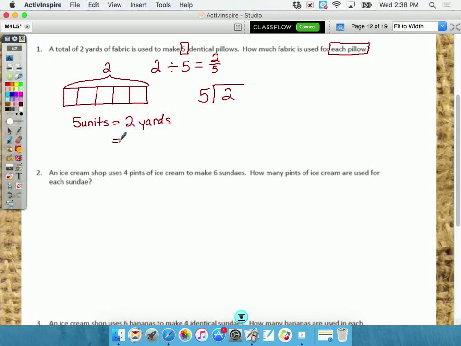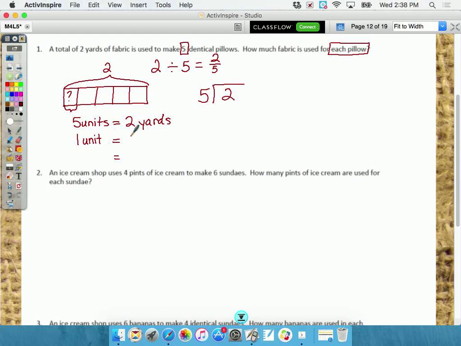By the way, how many equal signs do you think you need? 3. What am I trying to figure out? How much for one, right? Each, okay? So instead of writing each unit, I'm going to write 1 unit. I'm trying to figure out how much fabric will be used for each pillow.